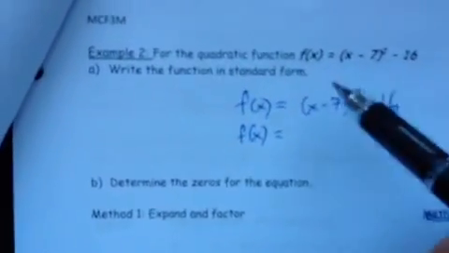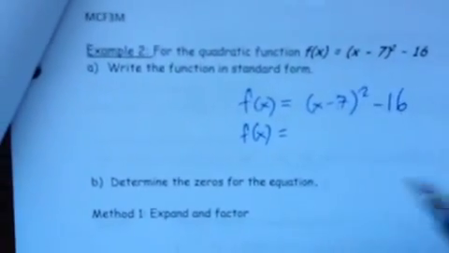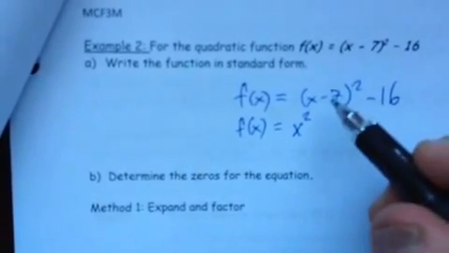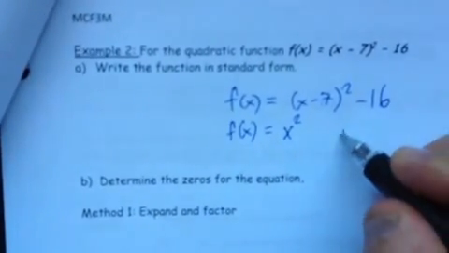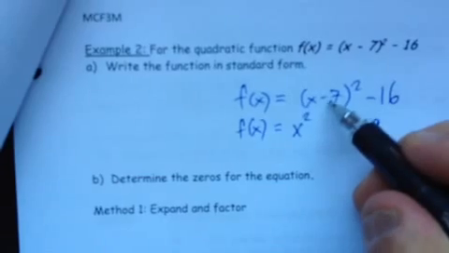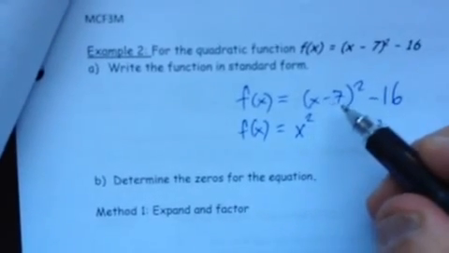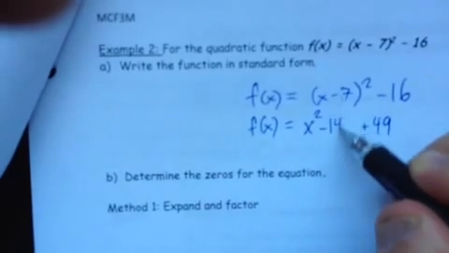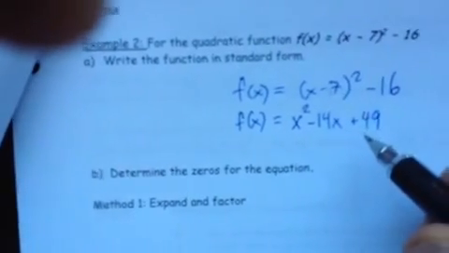So, continuing this, squaring this, I'm going to have x squared. The last term is going to be negative 7 squared, which is positive 49. And then the middle term is going to be negative 7 times x, which is negative 7x, double it, which is negative 14x. That ends up being a perfect square trinomial.